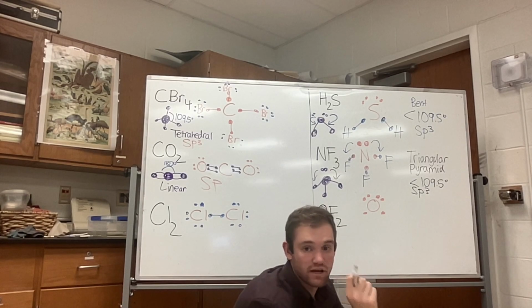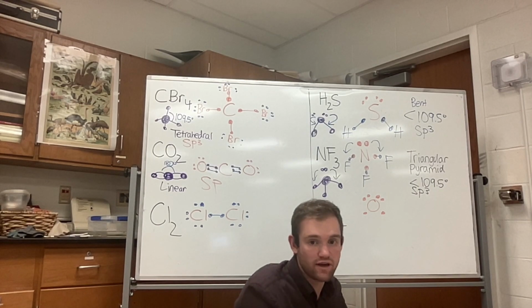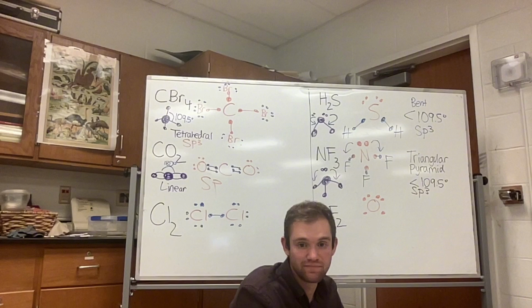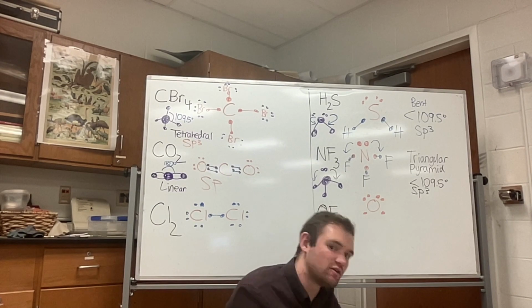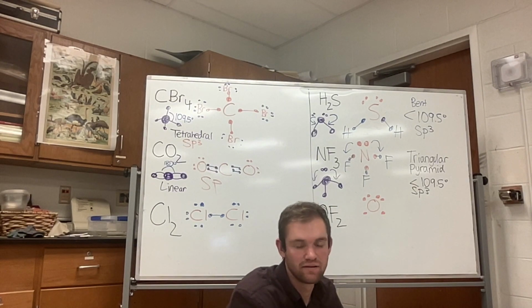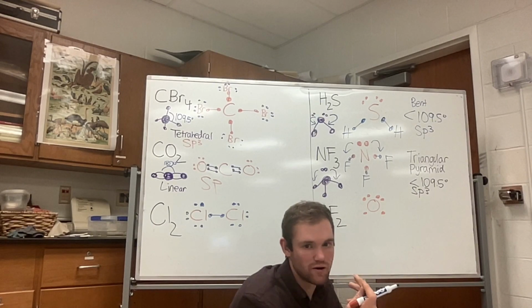This is going to be another bent shape. Fluorine has 7 and wants 1 more, so fluorine can only bond singly. Oxygen has 6, it wants 2 bonds. We're going to put 1 bond over there and 1 bond over there. Remember, fluorine cannot double bond because fluorine has 7 and only wants 1 more.